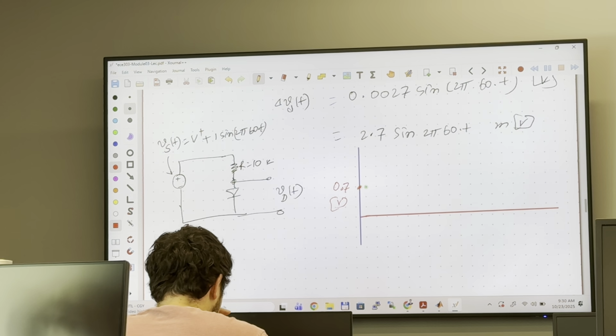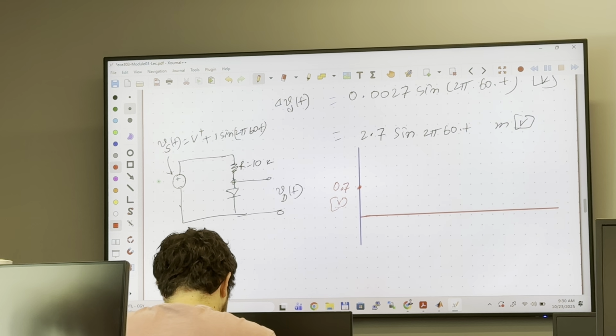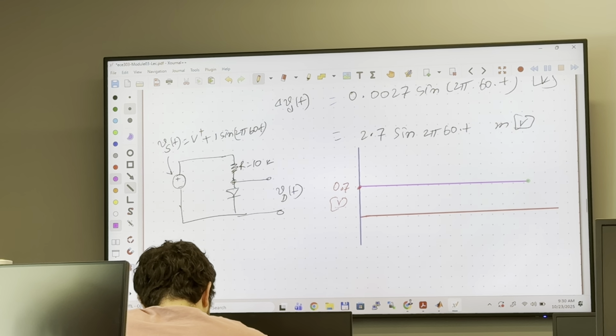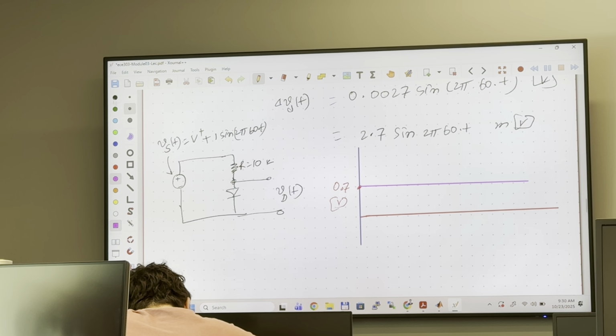So this is VD. This is constant, 0.7 volt.